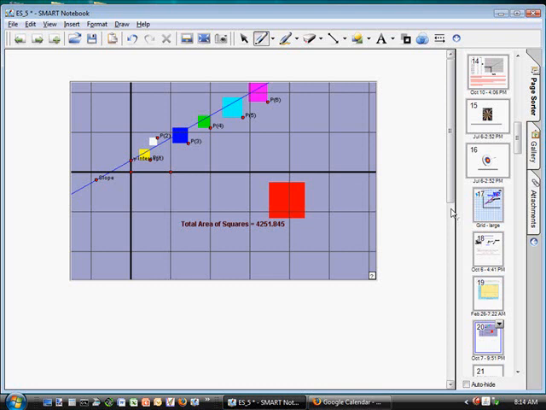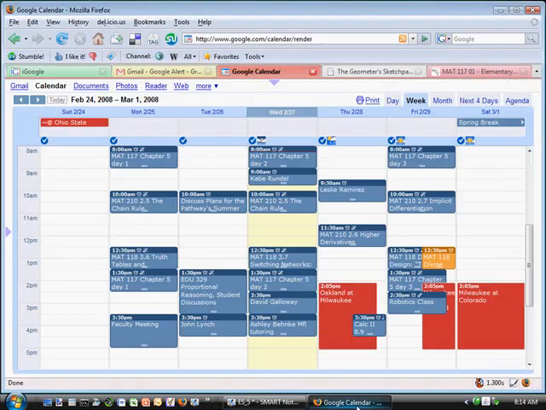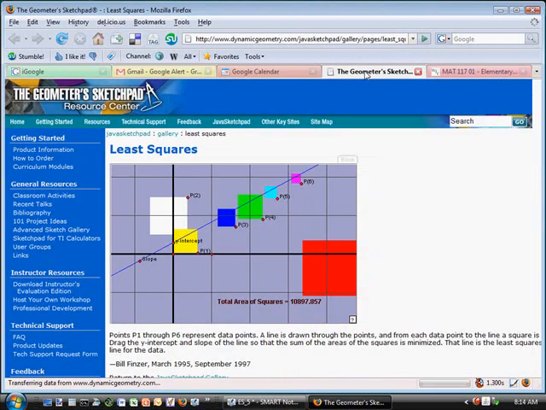This is pretty cool. There's a little applet. I got to go to the browser. There's a little applet that shows this real clearly. Do you see that we have this blue line here is the least squares regression line, and then all these little red points are our data points.